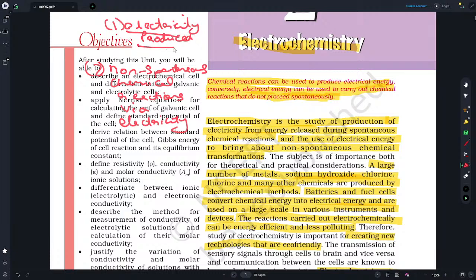Electricity is produced via spontaneous chemical reactions. The second method, non-spontaneous chemical reactions conducted via electricity. These are the two topics under electrochemistry.